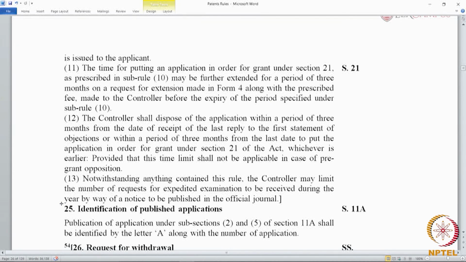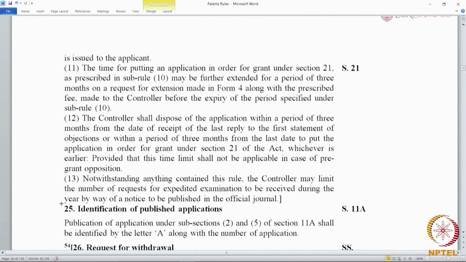Subrule 12 is important. It is important for us to understand 24B itself because this throws light on a timeline which is not there in 24B. So, we will look at this and we will go back to 24B.